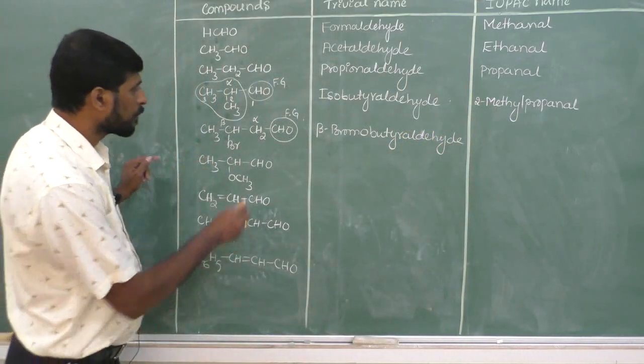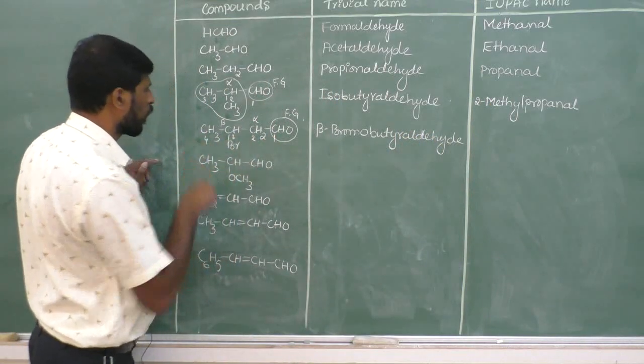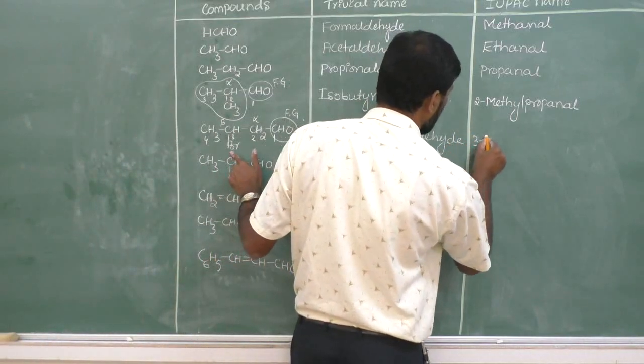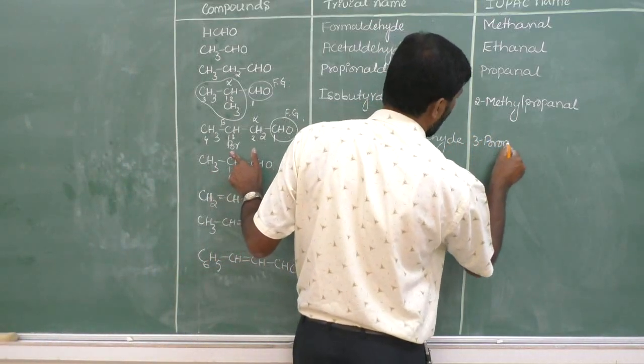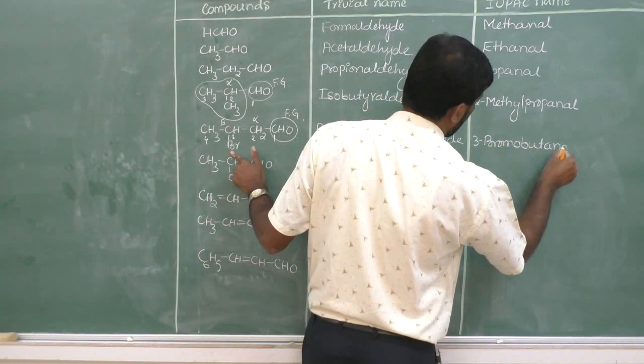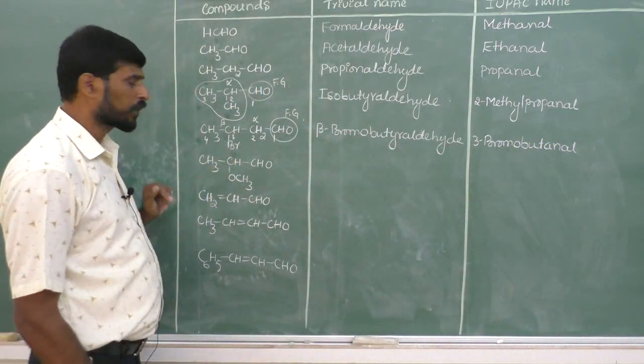What is the IUPAC name? This is position 1, 2, 3, 4. On the third carbon atom, bromine is present. Therefore, it is 3-bromobutanal.